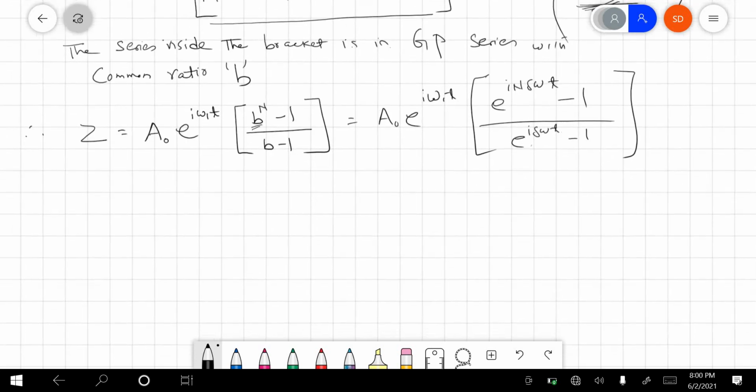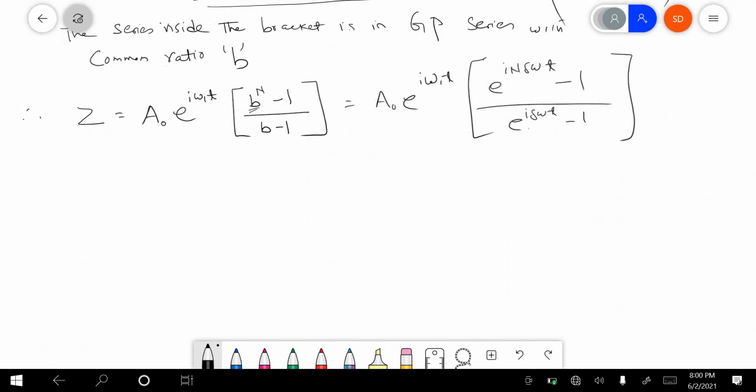So next, we can do some mathematical tricks here. So z, from here z can be written as a naught e to the power i omega 1 t.